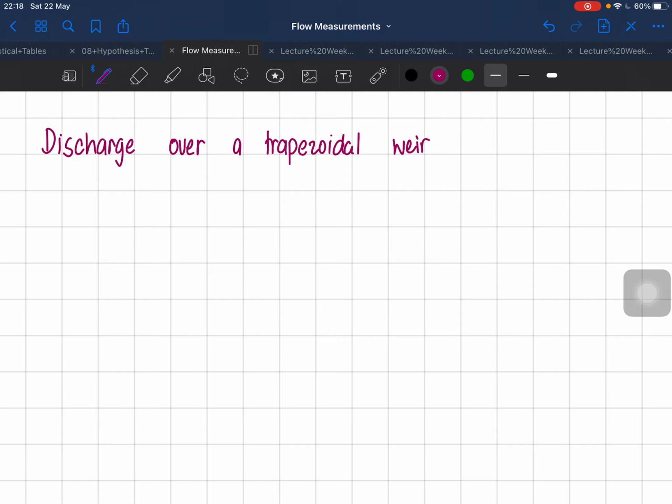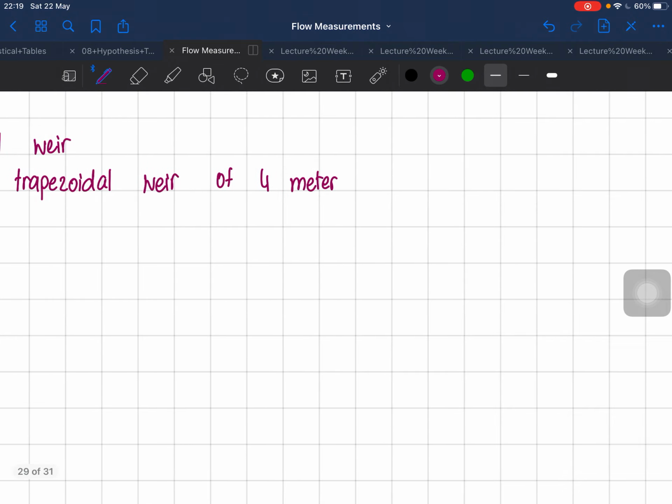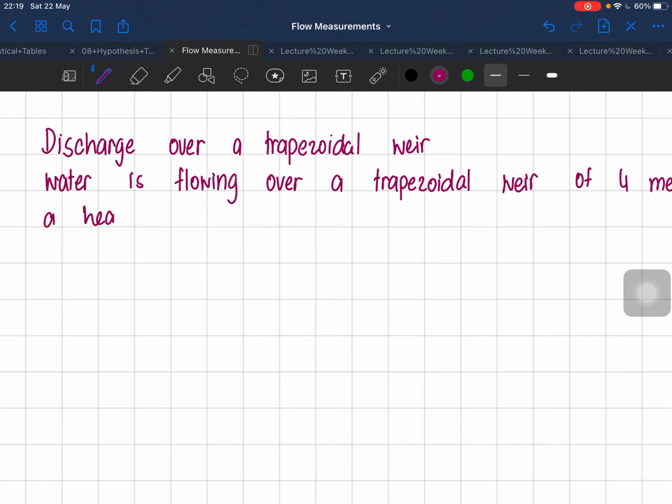There is some water flowing over a trapezoidal weir 4 meters long under a head of 1 meter.